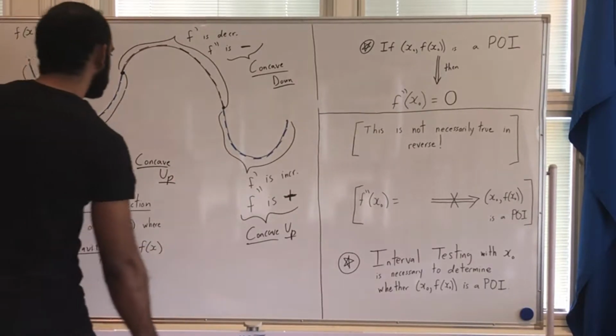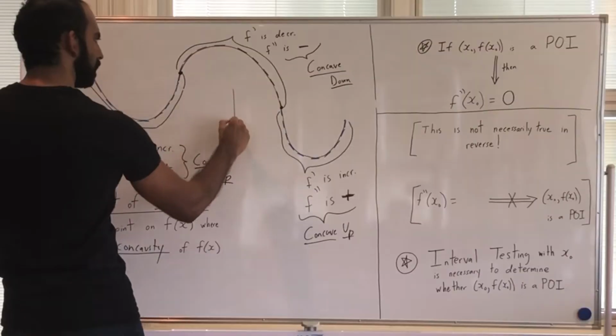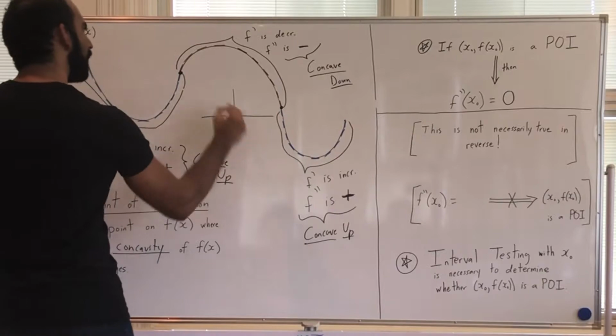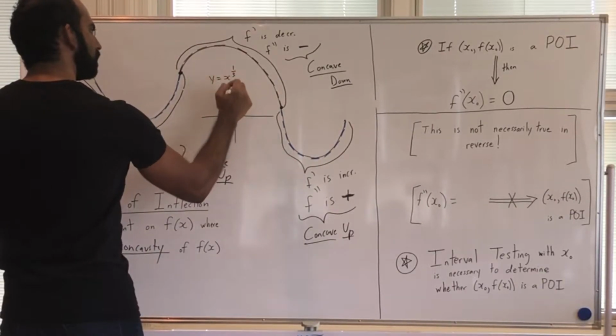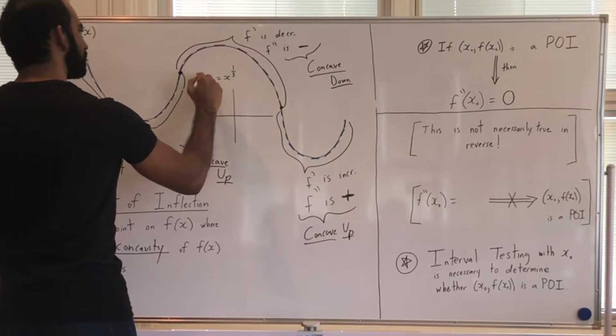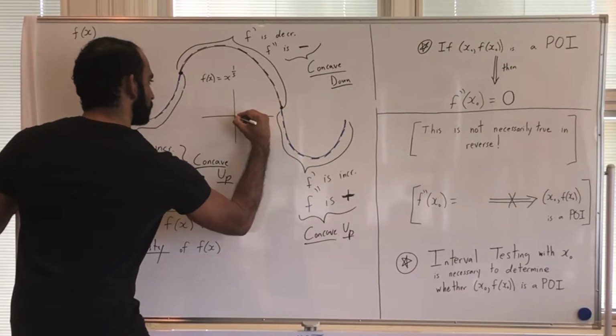For example, let's see. Consider the graph y equals x to the 1/3. Let's say f of x equals x to the 1/3. This graph, by the way, looks like this.